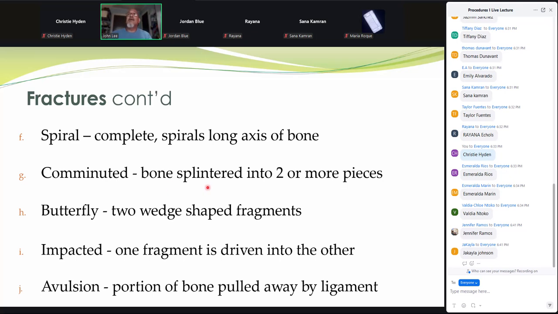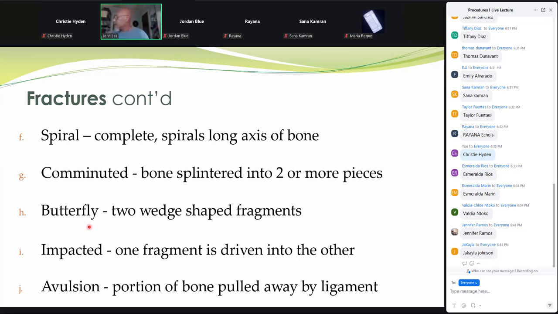Comminuted is when the bone is splintered into two or more pieces. Butterfly fractures more than likely will occur in a long bone, and they yield two wedge-shaped fragments from a central point. So they're triangular in nature. It's kind of hard to do with my hands.